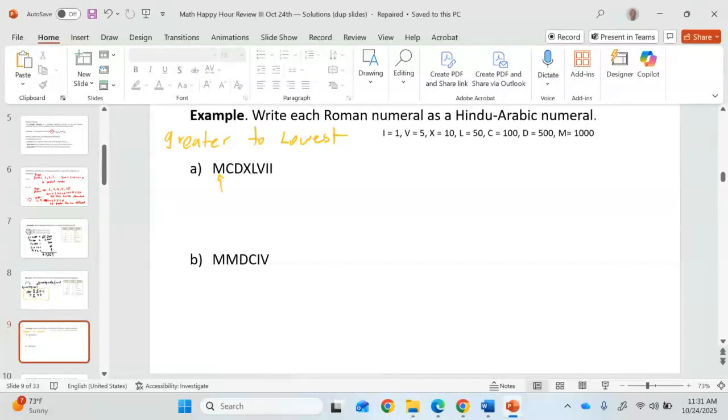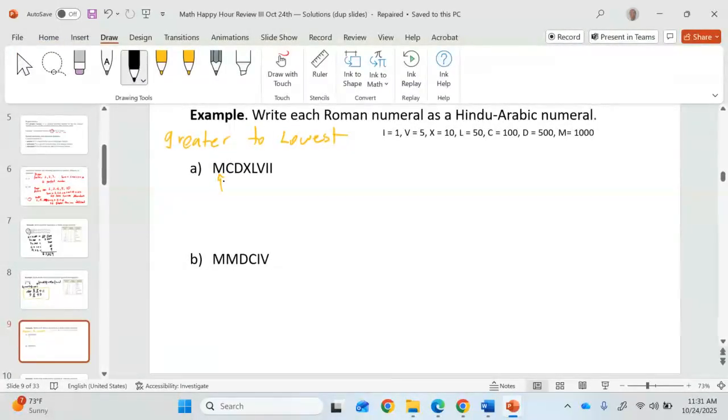Because the next one is a lower value, the C, then I'm going to add the 1,000. Since I only have one M, then I add it. The next one is a C, but notice that to the right of the C, I have a D, which is a higher value, because C is 100 and D is 500.